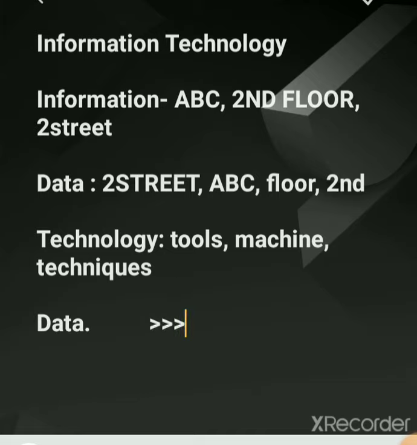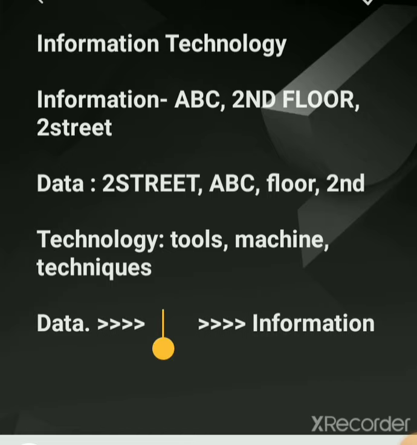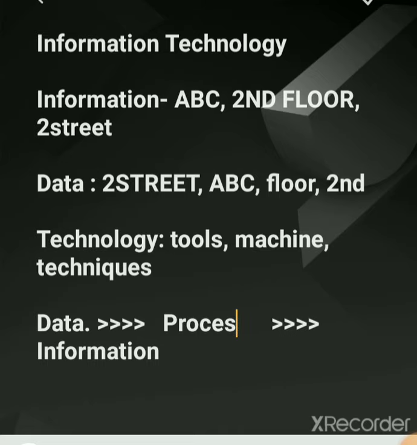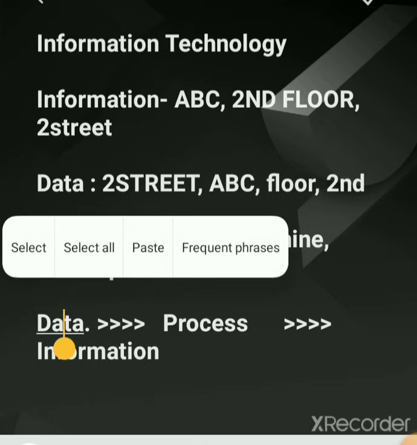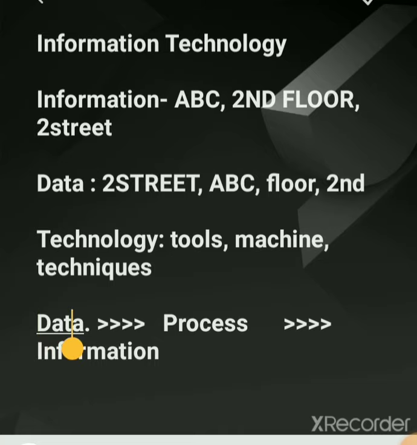So we require input, and then we'll get output. But in the midway we have to do processing, and this processing is done using technology. Here data is the input which we give through keyboard or mouse, then processing is done using technologies, and the information is the final result.